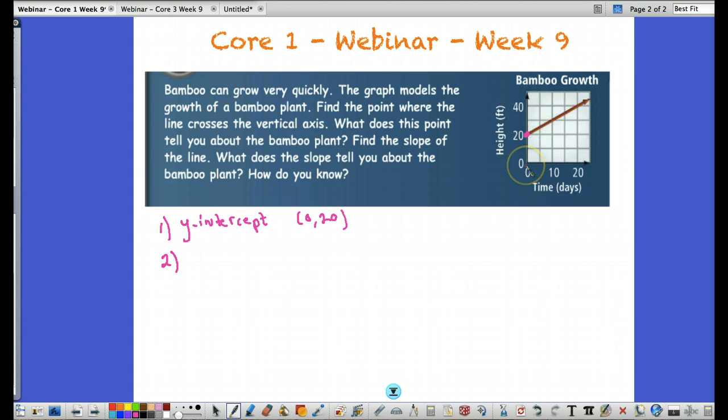Basically, at 0 days, the bamboo is 20 feet tall. So at 0 days, right? So maybe when you're first planting it, at 0 days, the bamboo is 20 feet. Okay. So nice guesses, you guys. Good job. Very good. Is that how you spell bamboo? Is 20 feet. Okay, good job.